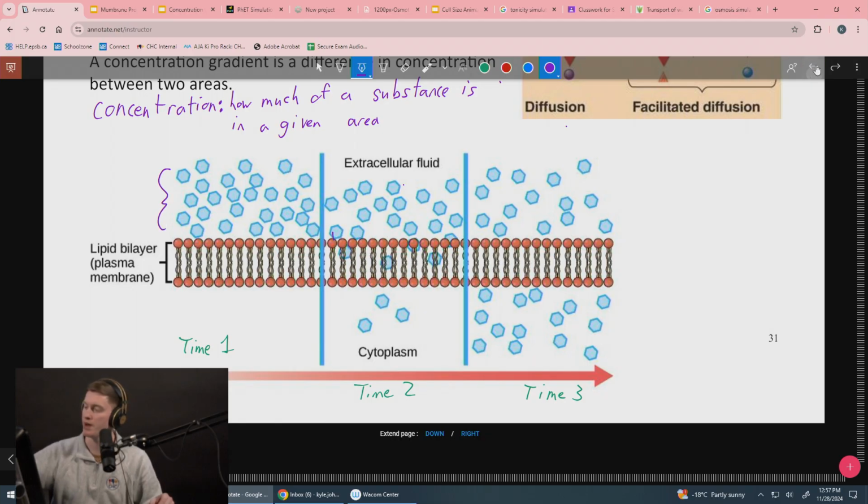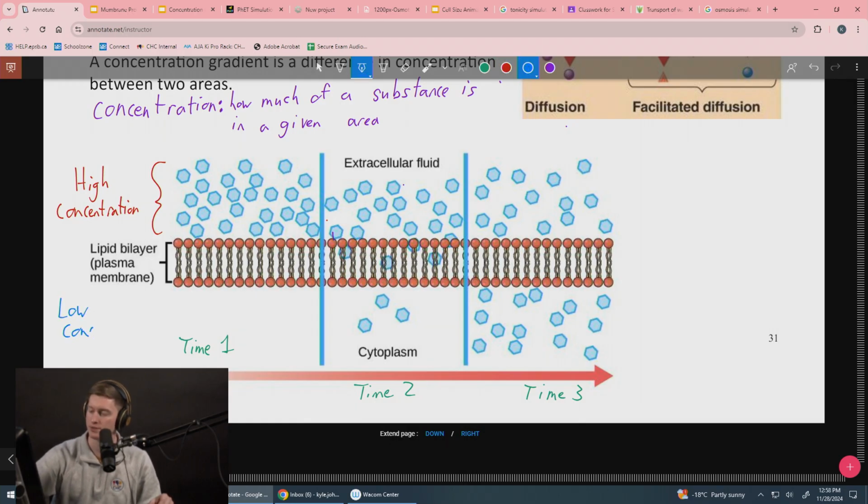This is going to be a high concentration. I'm actually going to use red for high concentration. And then on the other side, on the inside here, this is a low concentration, because we don't have any of these particles.